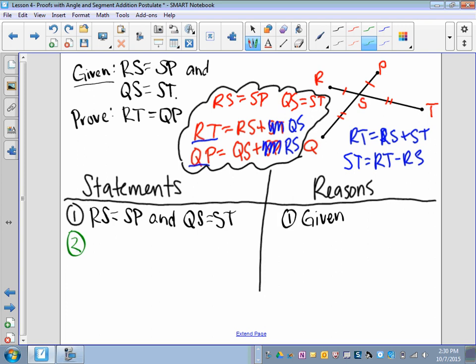So I have the measure of RT is equal to the measure of segment RS plus the measure of segment ST. And then I can use that also for my segment QP. So the measure of QP is equal to the measure of QS plus the measure of ST.